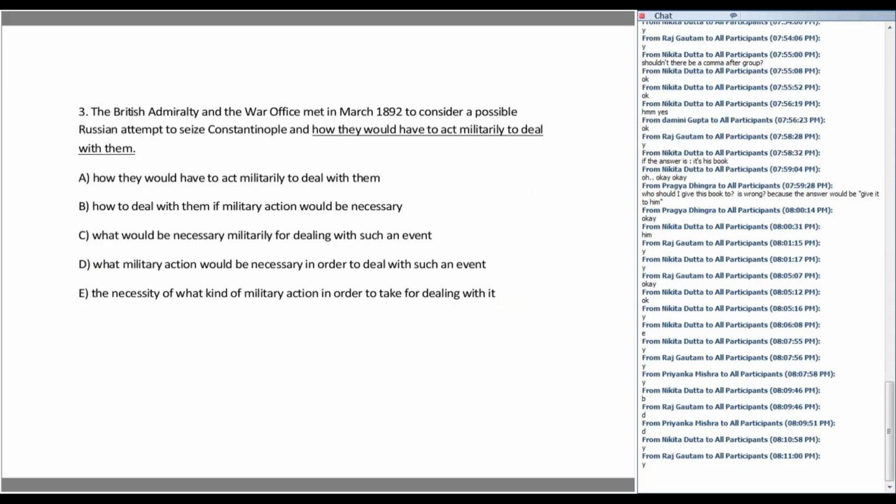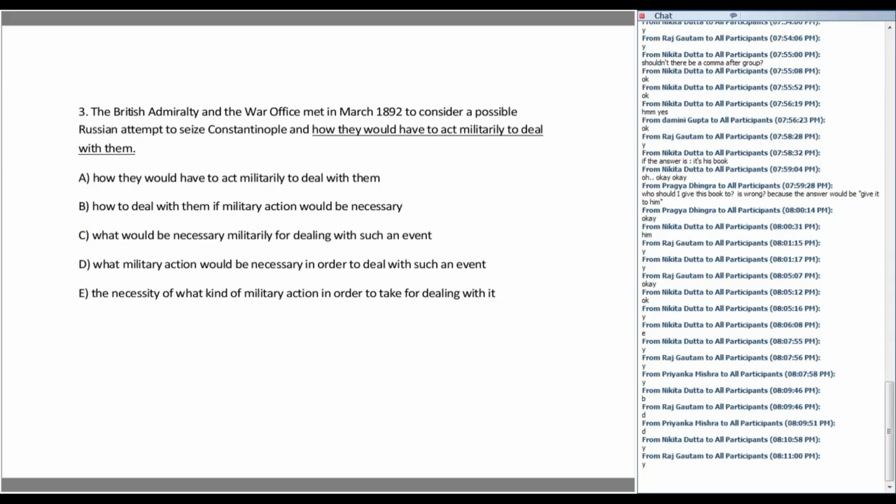Number 3. The British Admiralty and the War Office met in March 1892 to consider a possible Russian attempt to seize Constantinople and how they will have to act militarily to deal with them.